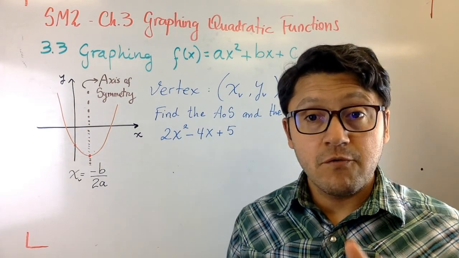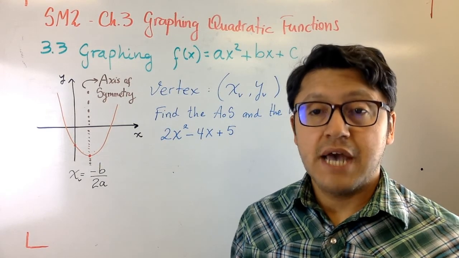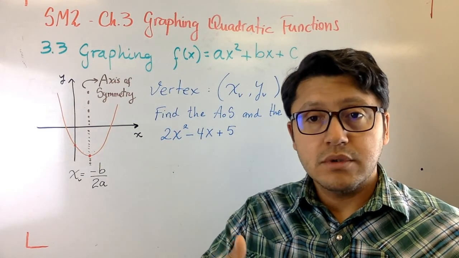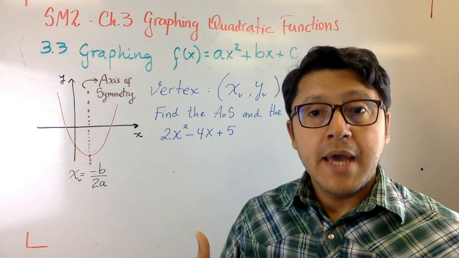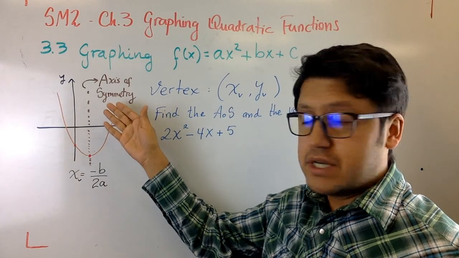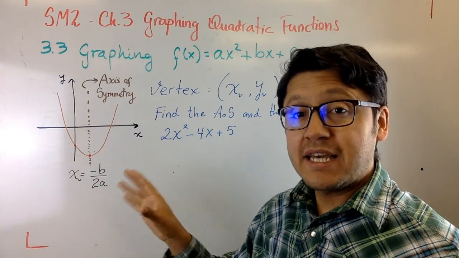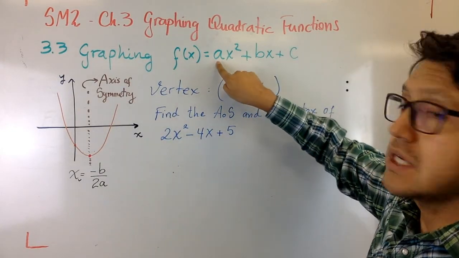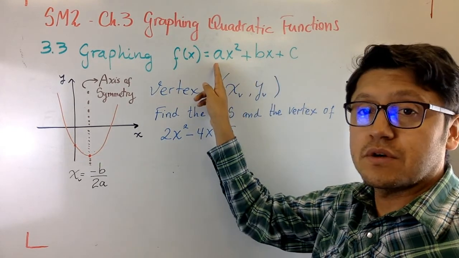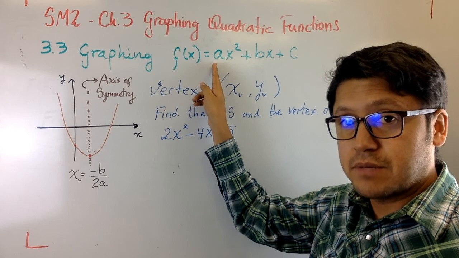It happens to be a vertical line, which means that the equation of that line is of the form x equals a number. Now, the thing is that the axis of symmetry can be calculated taking into account, as you can notice, the coefficients of the linear term and the coefficient of the quadratic term.